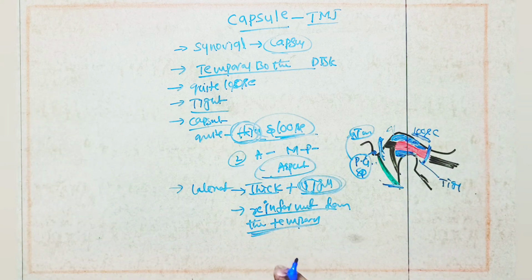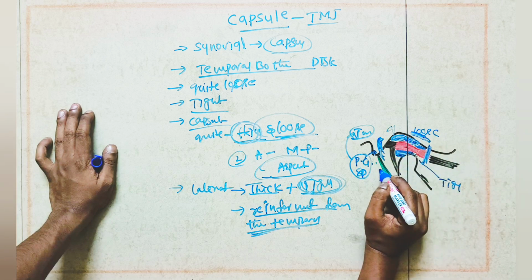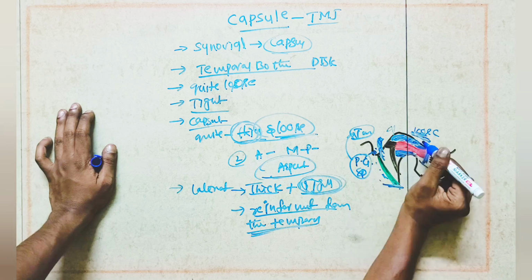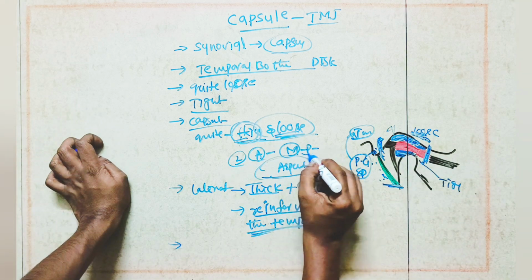So this is about all the surfaces: anterior, posterior, medial side, and lateral side. Here we discussed it is thin and loose in the anterior, medial, and posterior aspects.